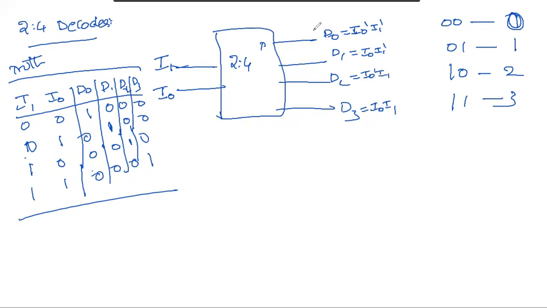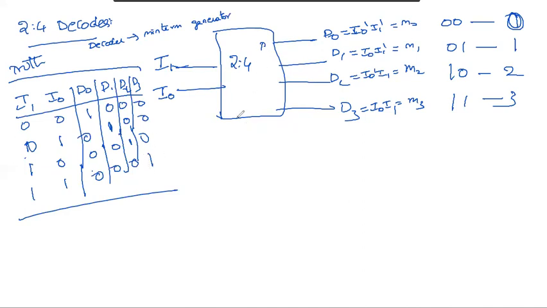This is the Boolean expressions for D0, D1, D2, D3. Observe here, this is minterm, right? Minterm M0, minterm M1, minterm M2, minterm M3. So decoder is known as minterm generator, right?